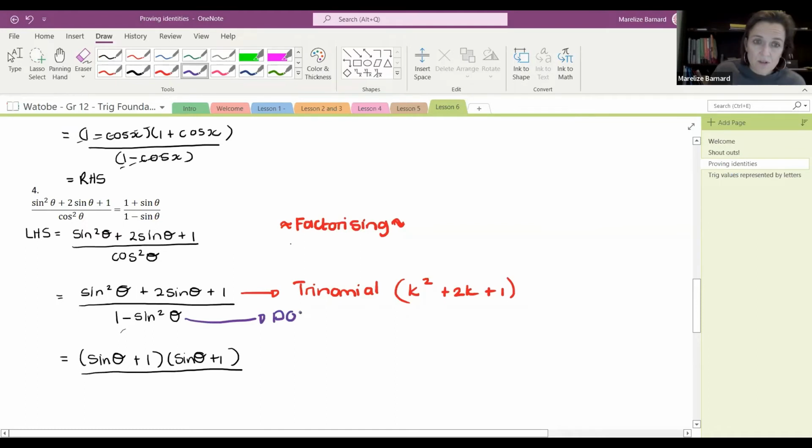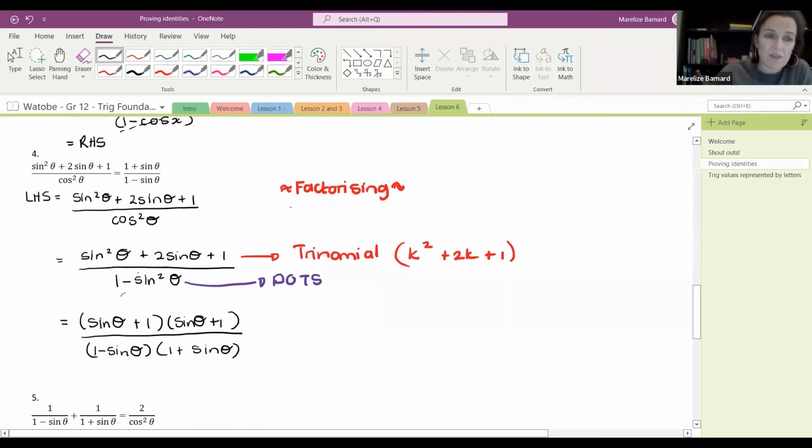That is also a difference of two squares, 1 minus sine squared theta, so we can make that 1 minus sine theta, 1 plus sine theta. And every now and again, glance back at what we must get to, which is 1 plus sine theta, 1 minus sine theta. We're close. We are just going to need to cancel out, and then we're going to be there, which is always exciting.